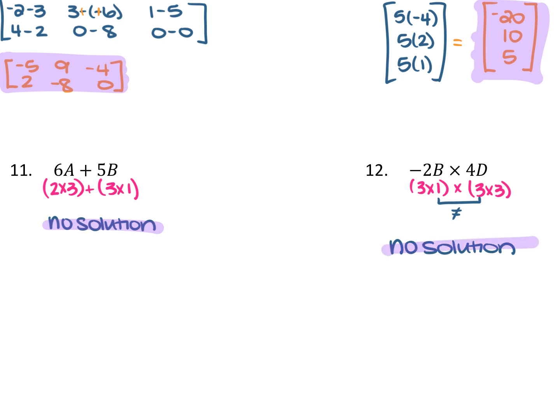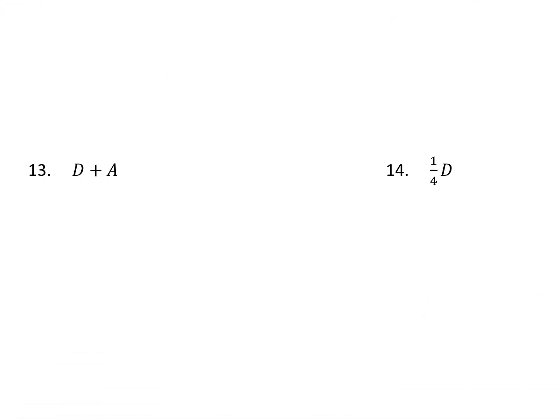For number 13, you're given D plus A. We're changing this, and we're going to do A times D instead. Okay, so A is a 2 by 3. D is a 3 by 3. Your two middle numbers are the same. So this means that your answer, you can do this, and your answer is going to be a 2 by 3.